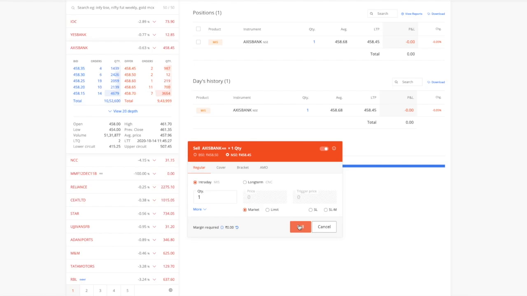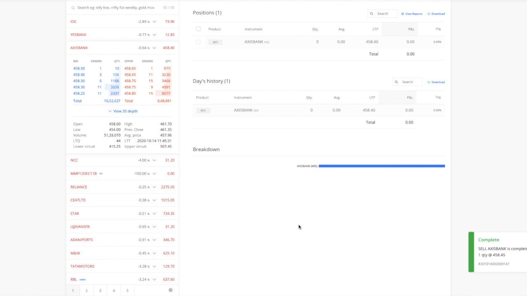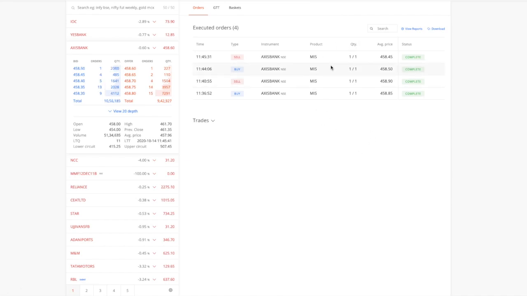Okay, so just clicking on sell. So I have sold it off at 458.45. Now what has happened is that my P&L is 0. That means my average buy and average sell have been the same now. Okay, so whatever was the market price at that particular instant, my order got filled over there.